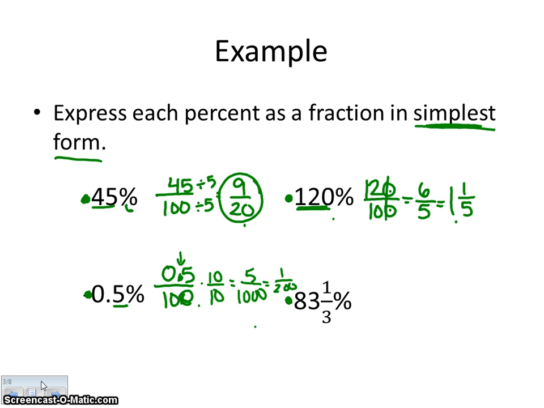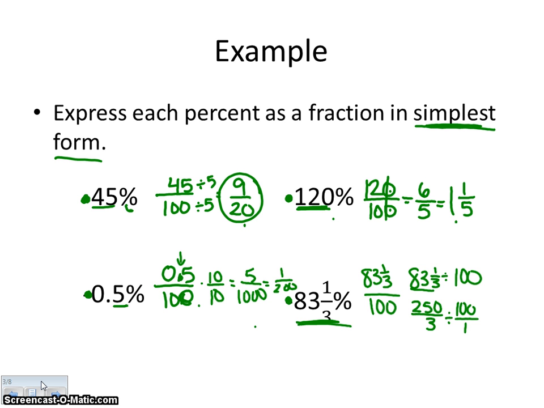All right, and then we have 83 and a third percent, so we're going to do the same process, over 100. You write what you're given, 83 and 1/3 over 100. Now this is 83 and 1/3 divided by 100. When I divide, I need to change that to a mixed number. So 83 times 3 is 249, plus 1 is 250, over 3, divided by 100. Really, 100 is over 1.